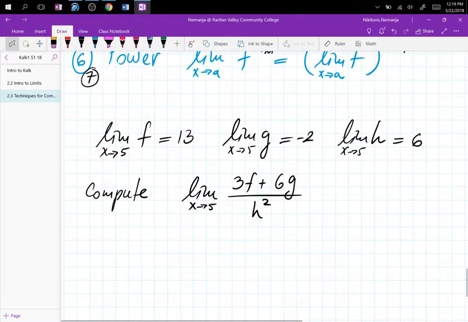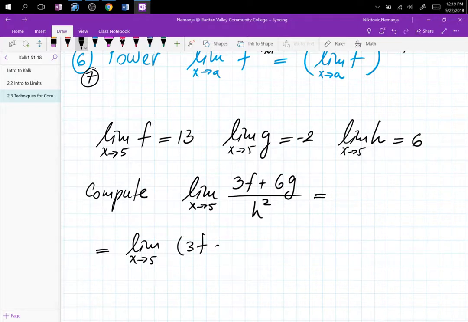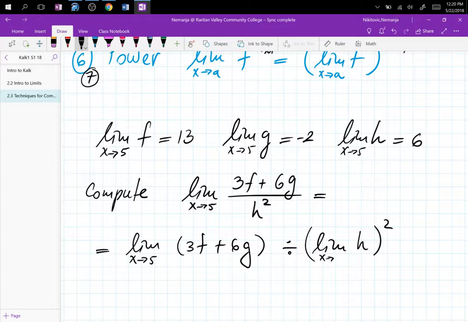This is where you would use the rules to break this apart. First, you have the limit as x goes to 5 of 3f plus 6g, divided by the limit of h, and you know that you can put the square on the outside because there was rule 6.